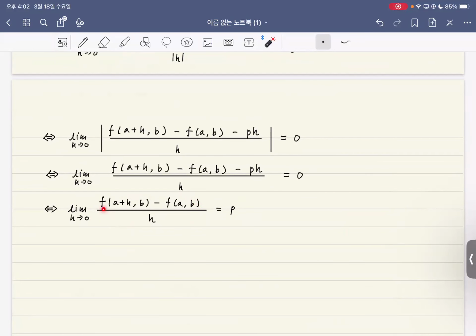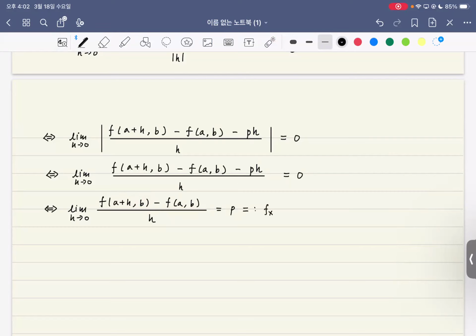This expression looks very much like the usual differentiation. The only difference is that here the y coordinate has been fixed as b, and only the x coordinate is being differentiated, right? So this is what we call the partial differentiation.